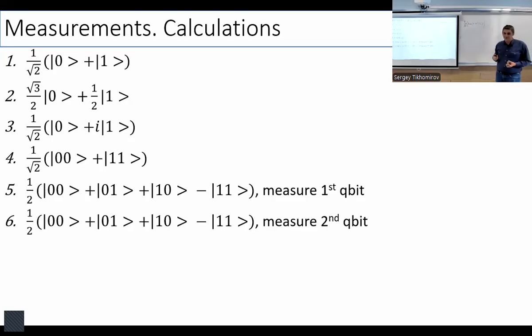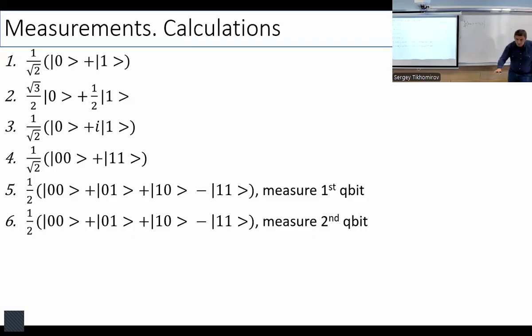Here I did it like on the 5th and 6th, where I wrote which qubit. Here I didn't write it, it is my mistake, because actually the answer would be the same. But let us measure the first qubit. I can calculate in my memory that the output is the same, but it's correct that I need to set up which qubit I measure.